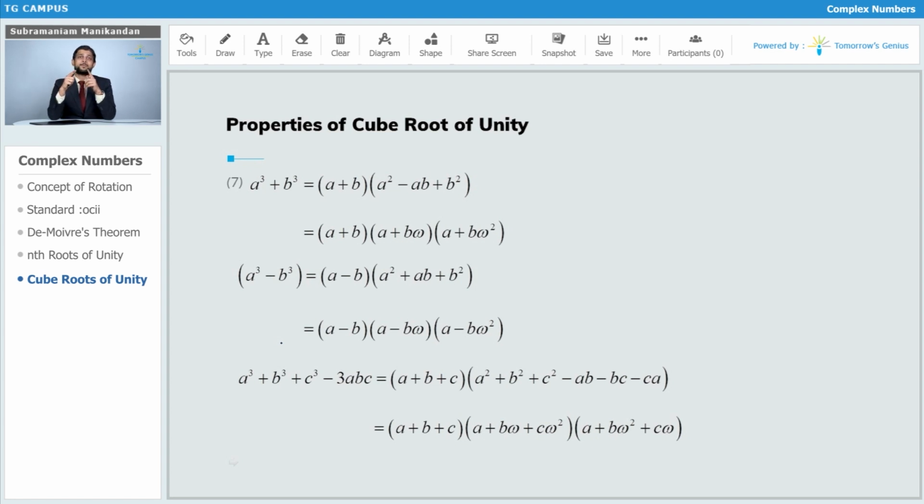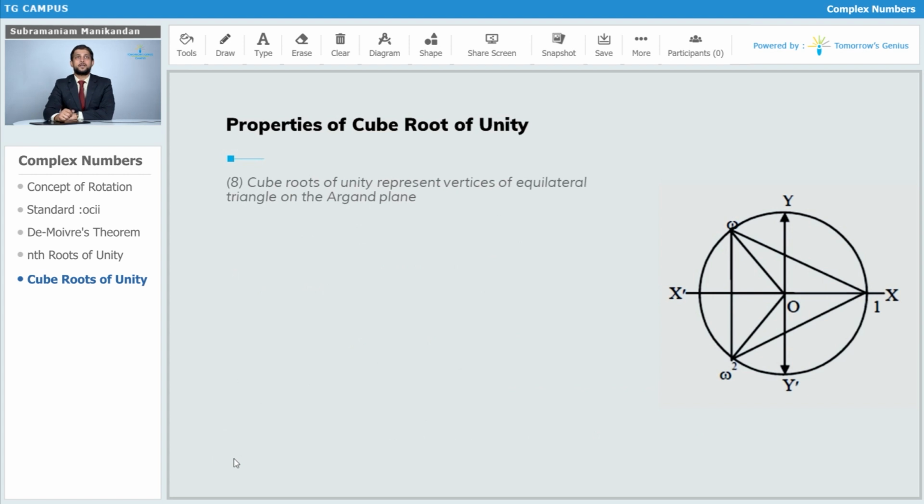You can write that as a plus b omega plus c omega square times a plus b omega square plus c omega. So therefore, a cube plus b cube plus c cube minus 3abc falls neatly into 3 brackets: a plus b plus c, times a plus b omega plus c omega square, times a plus b omega square plus c omega. So these are the important properties of cube roots of unity.